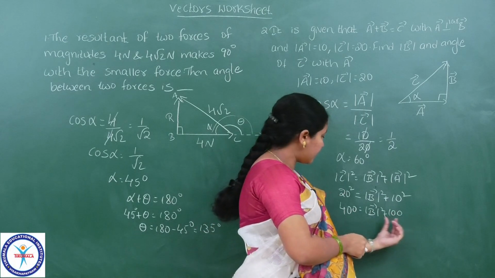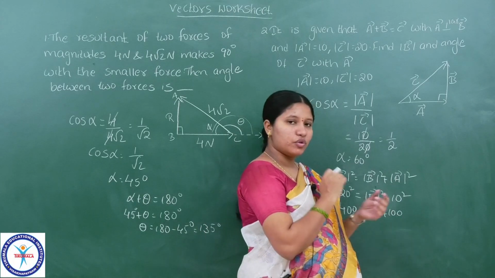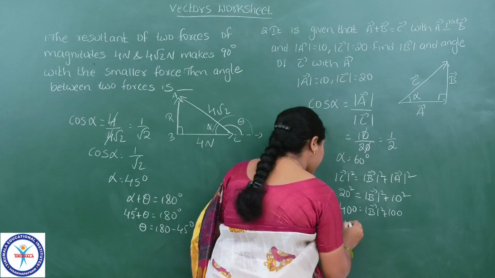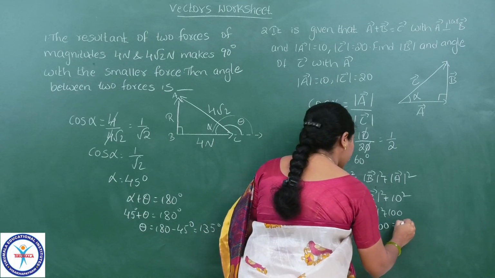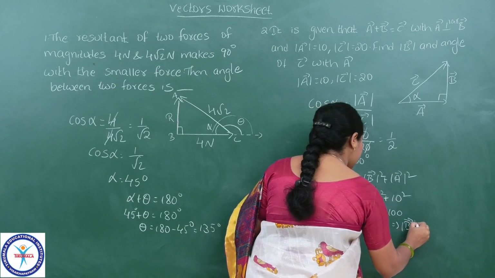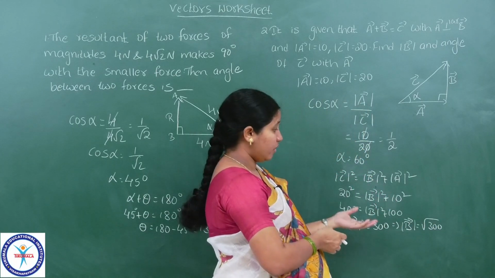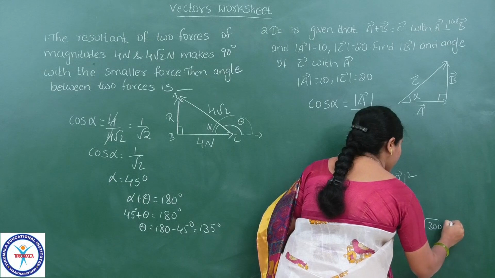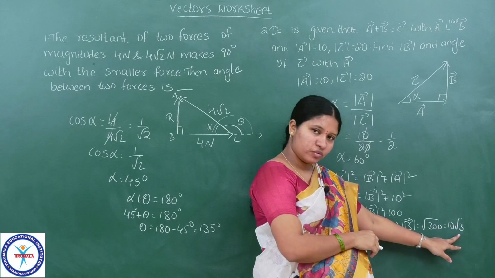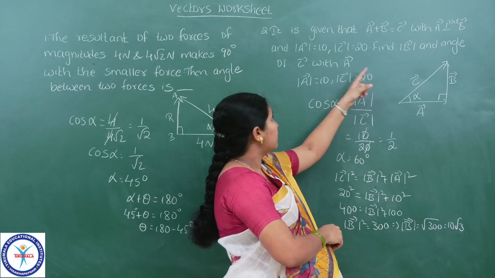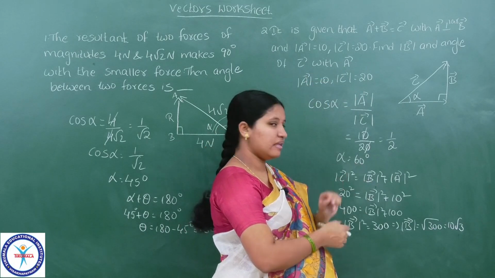Now transpose 100 to the LHS, we get minus 100. So 400 minus 100 gives us 300. So mod B bar square equal to 300. From that, mod B bar is equal to square root of 300, which we can write as 10 root 3. So the magnitude of B bar is 10 root 3 units and the angle of C bar with A bar is 60 degrees.